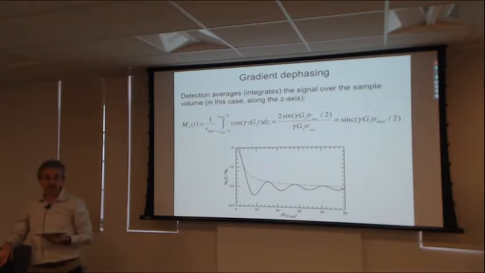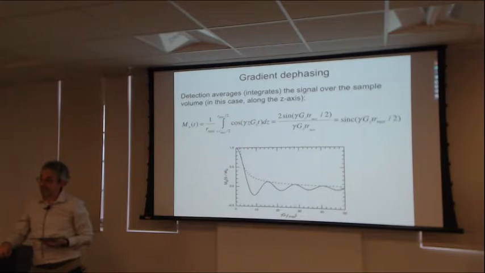So single quantum magnetization precesses at the Larmor frequency. Double quantum coherence precesses at the sum of two frequencies. So if both frequencies are positive, double quantum coherence dephases twice as fast as single quantum. On the other hand, if the two frequencies have opposite signs, then dephasing might be very slow.